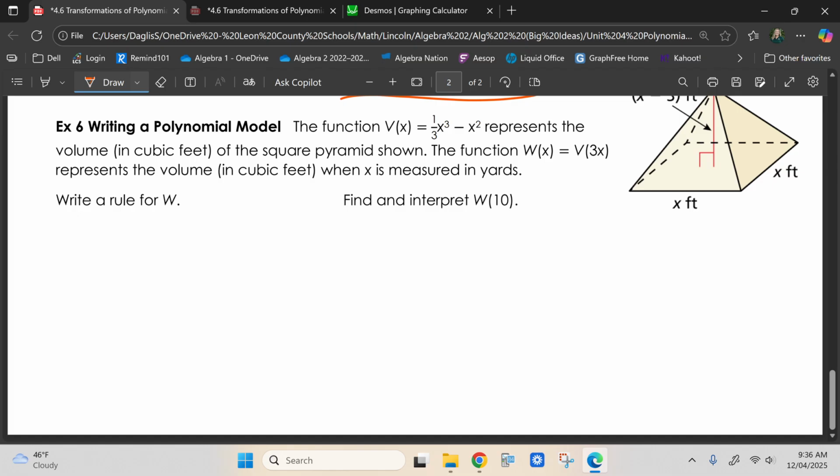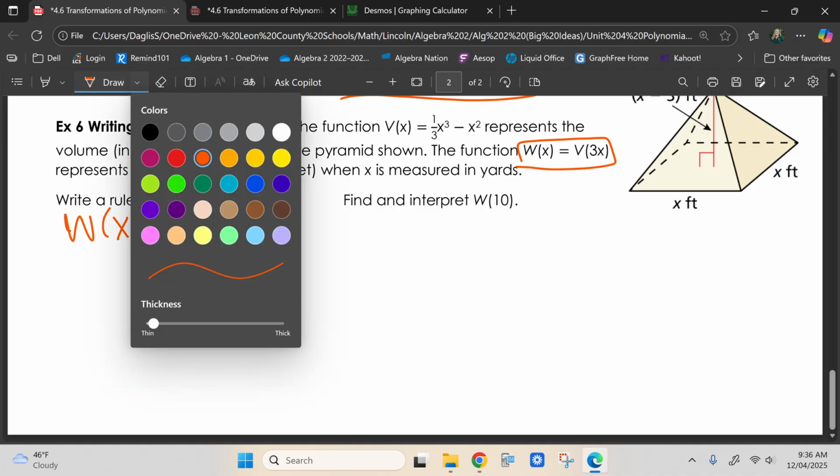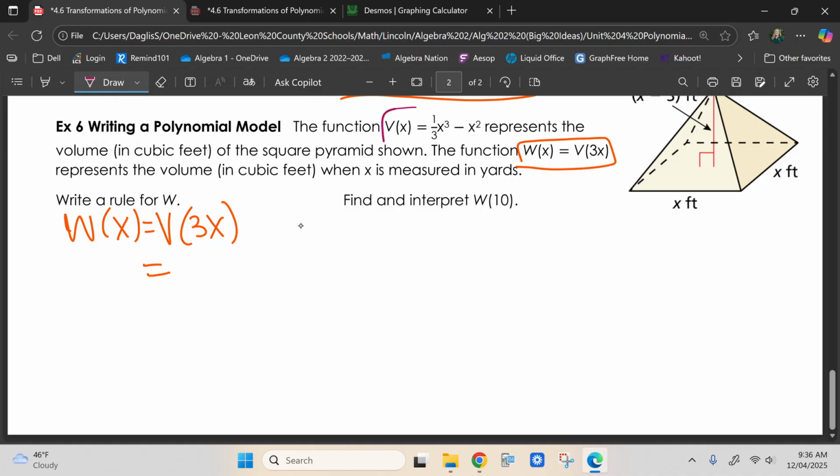Okay, so it wants me to take w right here. We know w of x equals v of 3x. So it wants me to take my original v equation right here, and all of my x's are now going to be 3x. So we're going to have 1/3 (3x) cubed minus (3x) squared.